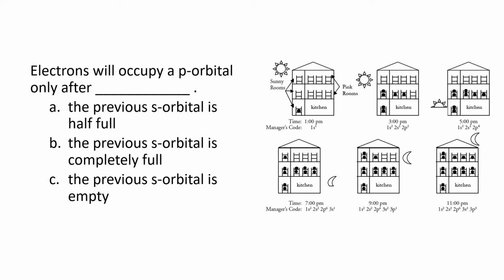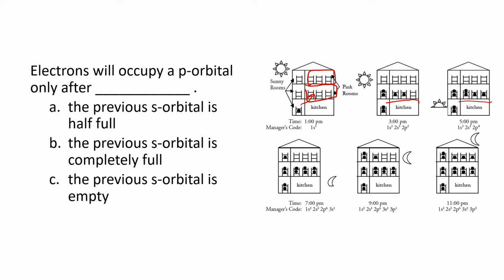Electrons will only occupy a p orbital only after what? What we mean by p orbital is actually these pink rooms right here. Notice how you don't start jumping to the p orbitals here.